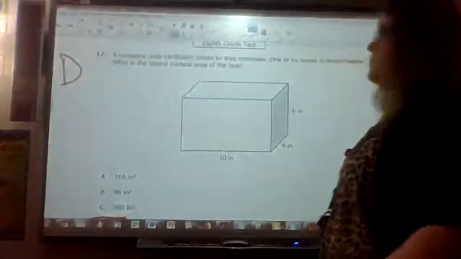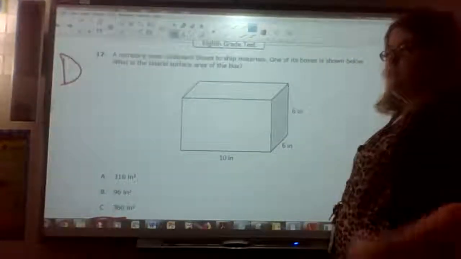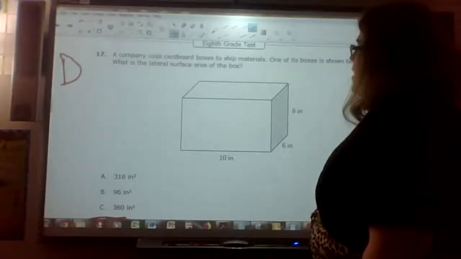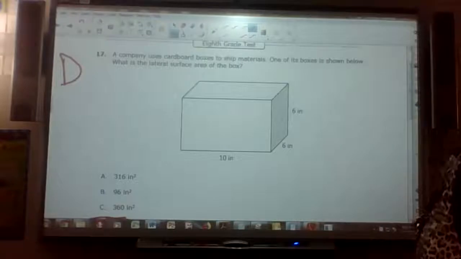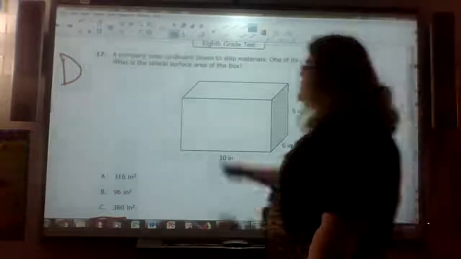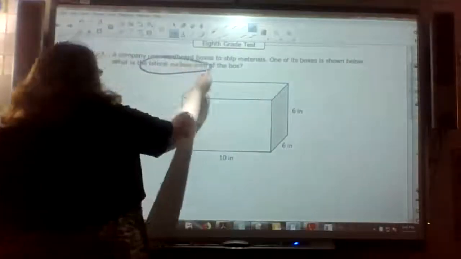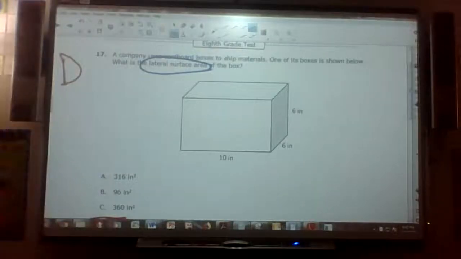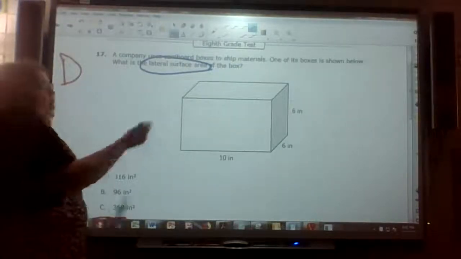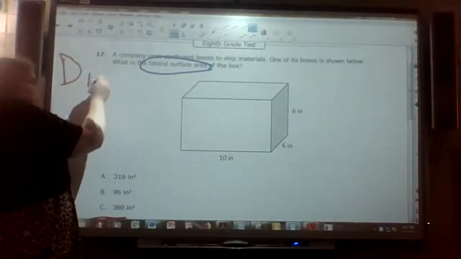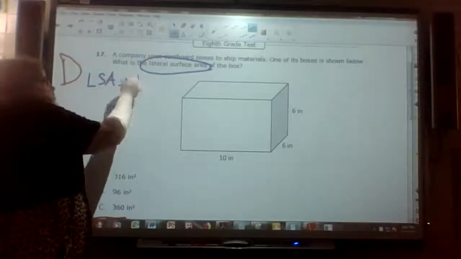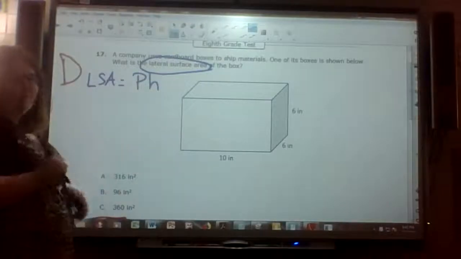A company uses cardboard boxes to ship materials. One of its boxes is shown below. What is the lateral surface area? Lateral surface area of a rectangular prism is perimeter times height.